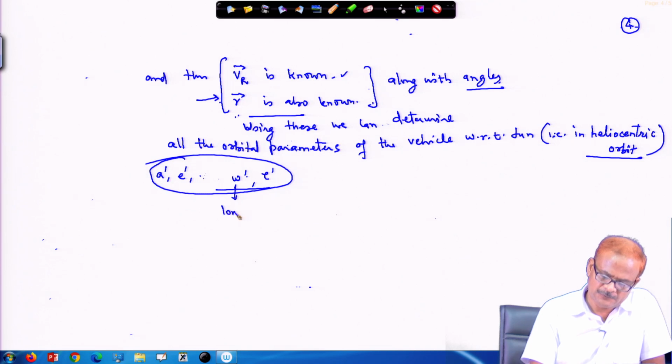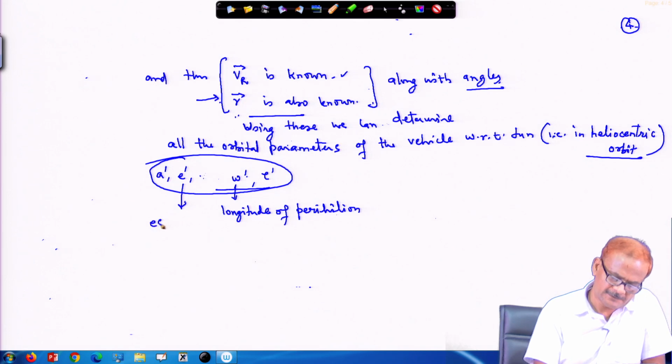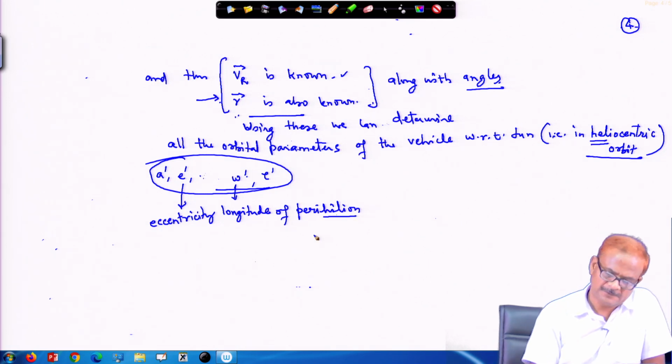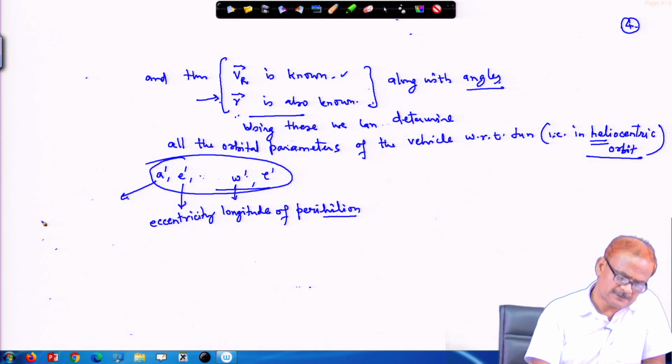So, this is the longitude of the perihelion. This is the eccentricity as usual. Why perihelion? It is coming from heliocentric, okay, because it is about the sun, and this is the semi major axis.